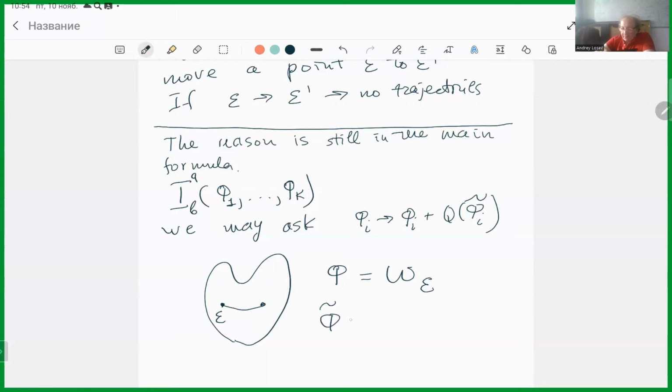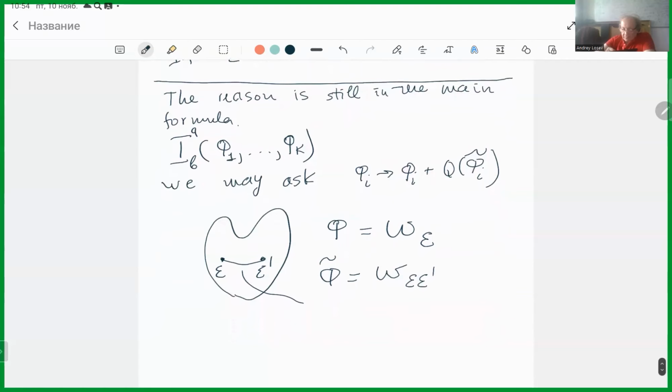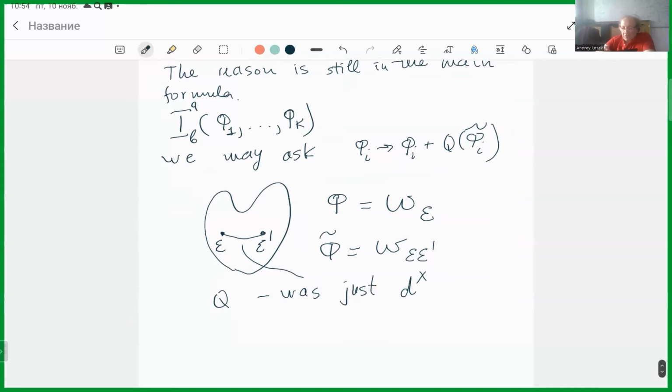So phi tilde was omega associated to the interval E tilde. Q was just the RAM on X. So we may ask what happens if I do such transformation.